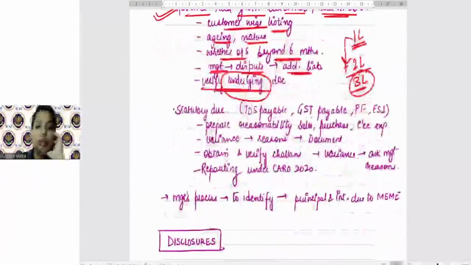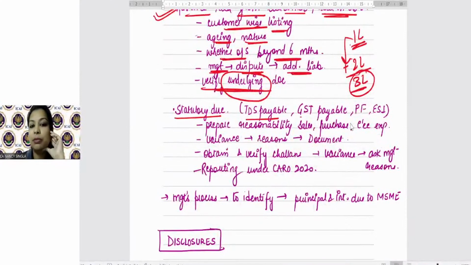Now with respect to statutory dues like your TDS payable, GST payable, PF, ESI payable, the auditor will prepare reasonability with respect to the sales, purchase, employee expense. Quickly tell me the reasonability or reasonableness test that you have done in chapter number 8.